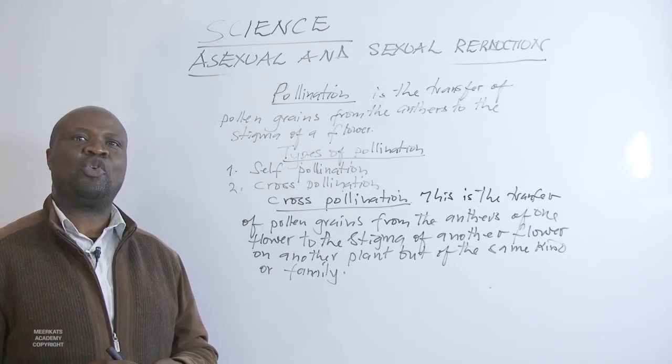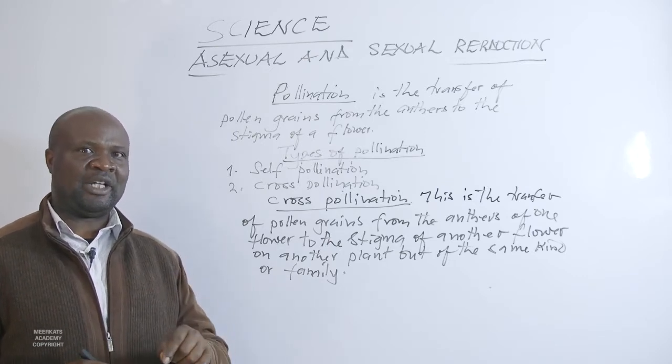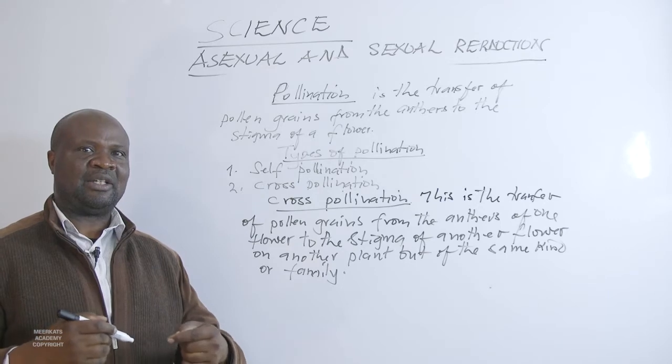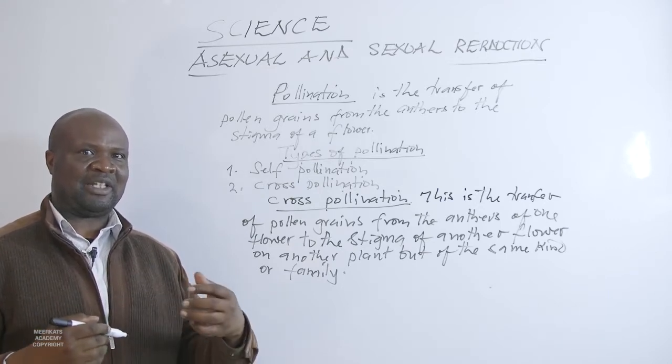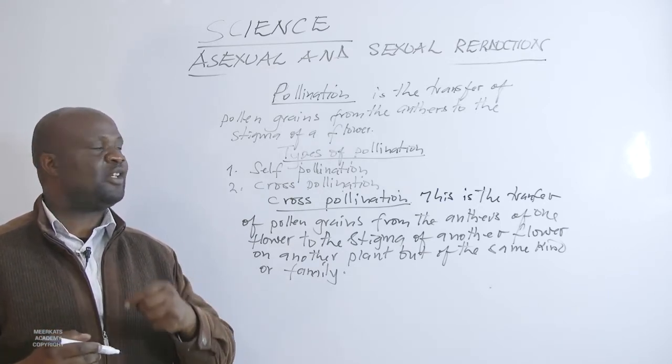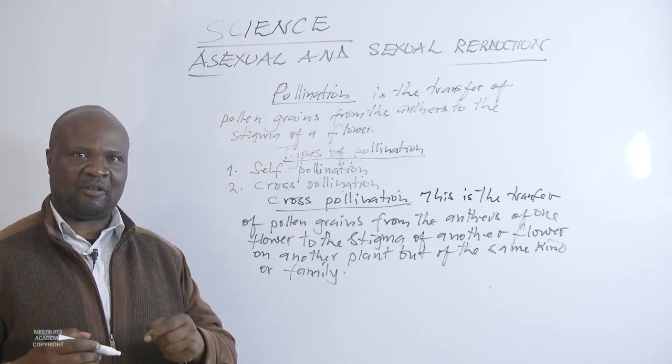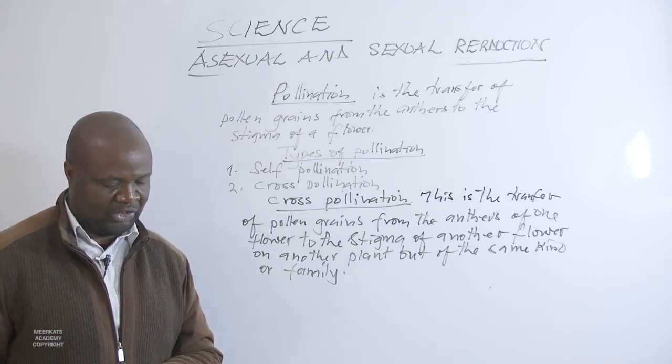Then we call that cross-pollination. Self-pollination is fertilization within the same plant, even if it is a different flower. But if it moves to a different plant of the same family, it is called cross-pollination.